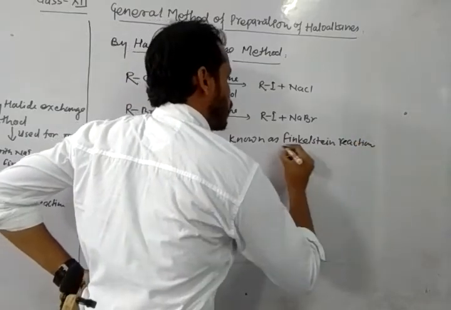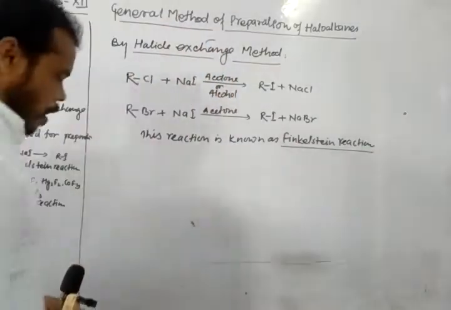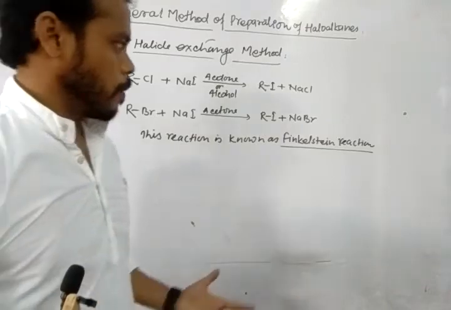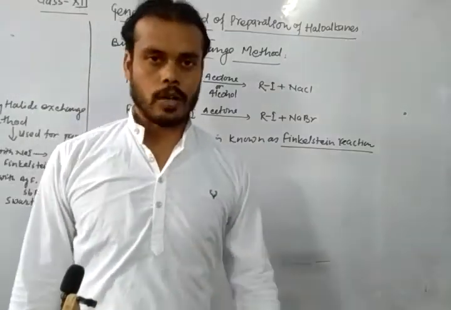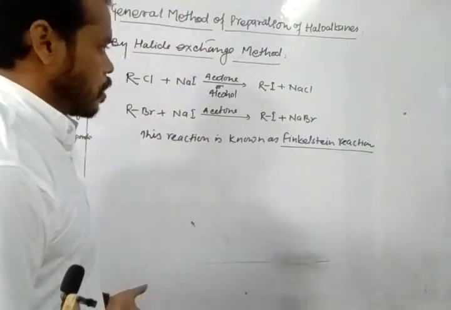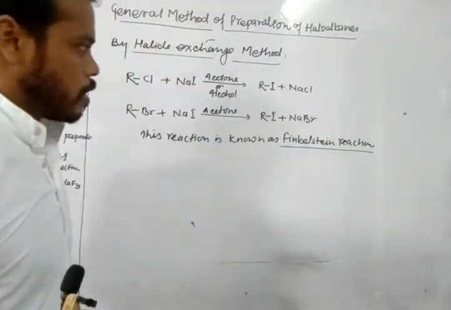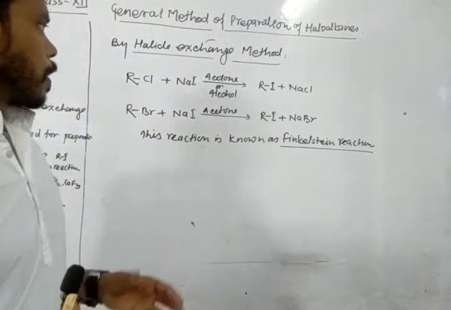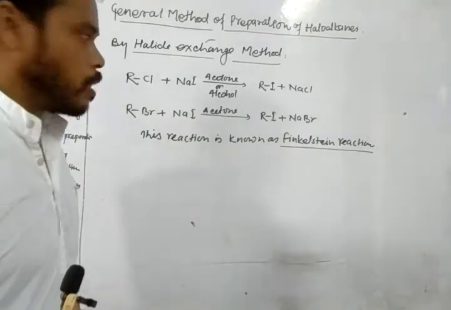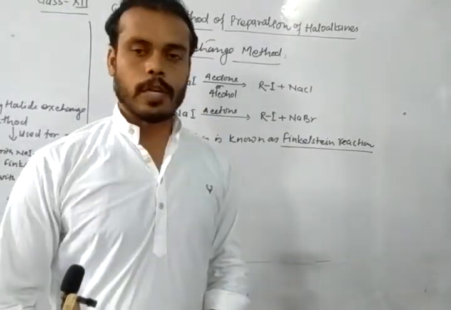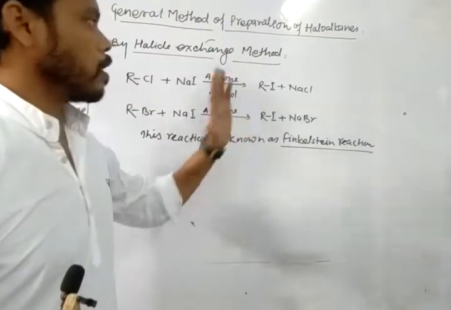Very important reaction, the Finkelstein reaction. Sometimes a question asks what is the Finkelstein reaction, or write a short note on it. So we have to keep in mind that in this reaction, chloro or bromo alkanes treated with sodium iodide in the presence of acetone form alkyl iodide.